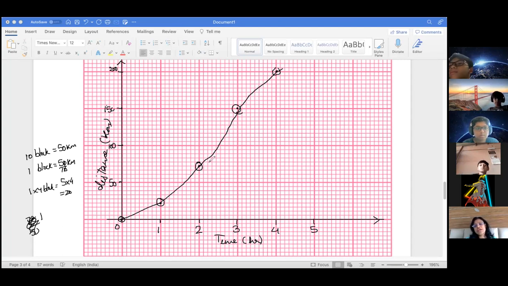Okay, you can see that it is not a straight line. Not a straight line means every time the speed is changing. So this is when the speed time graph is a curved line.